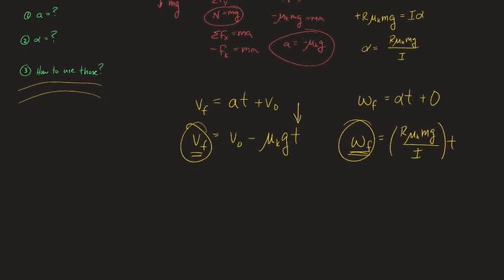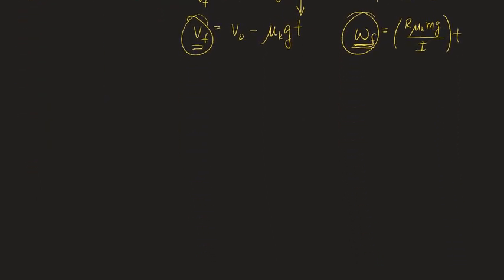Now, if you don't understand how to deal with this information, remember, these two things are related by R. Rolling occurs when that happens. This side is speeding up. This side is slowing down. We're looking for when they meet in the middle.